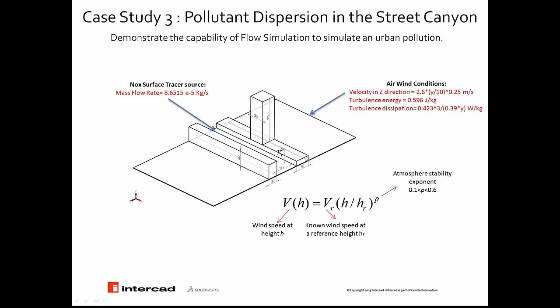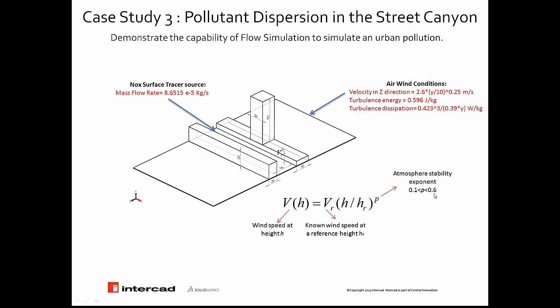We are evaluating the wind to vary by height. The wind speed at the height of H is VR, which is a known speed at the reference height, times the ratio of H over HR to an exponent, which is atmospheric stability. That ranges between 0.1 and 0.6.